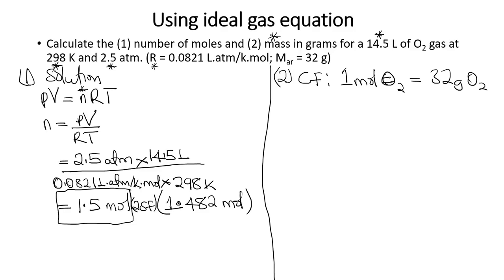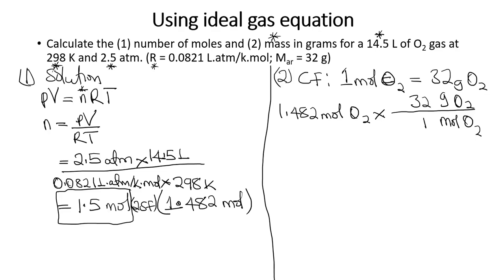So here you are given the moles. You just say 1.482 mole of oxygen times, from the conversion factor, down here we are going to have mole oxygen, up here we are going to have grams oxygen, because we are moving from moles of oxygen to grams of oxygen. So up here we put 32, here 1, based on the conversion factor.